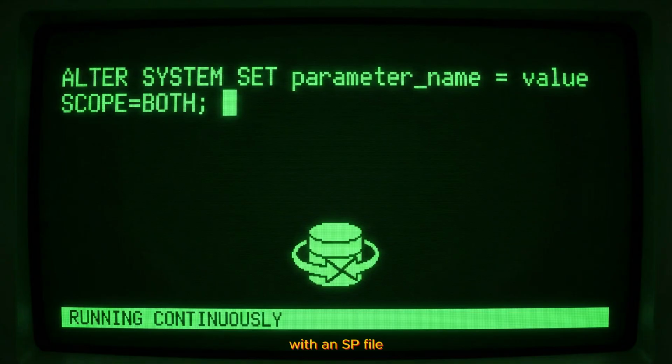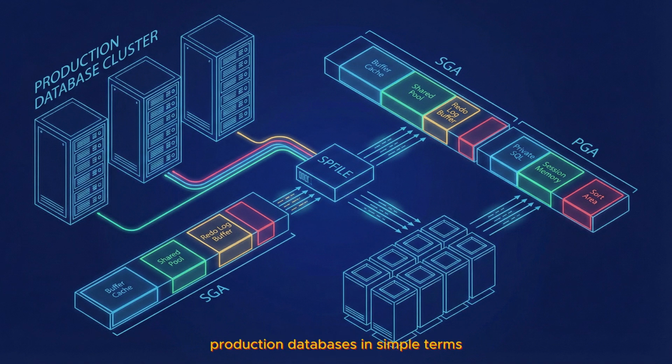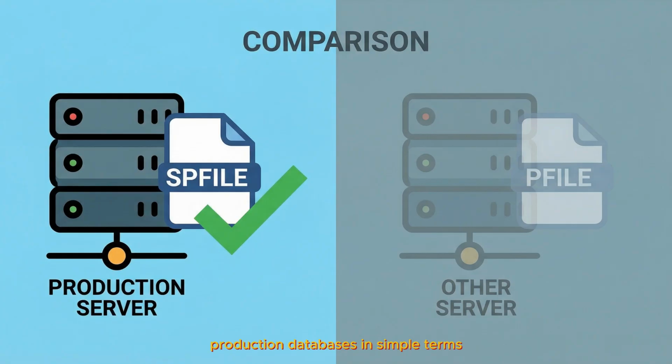Within SPFILE, you can change parameters using SQL commands like ALTER SYSTEM, without restarting the database, depending on the parameter type. SPFILEs are essential for automatic memory management, SGA and PGA auto-tuning, RAC environments, production databases. In simple terms, if you're running production, you should be using an SPFILE.